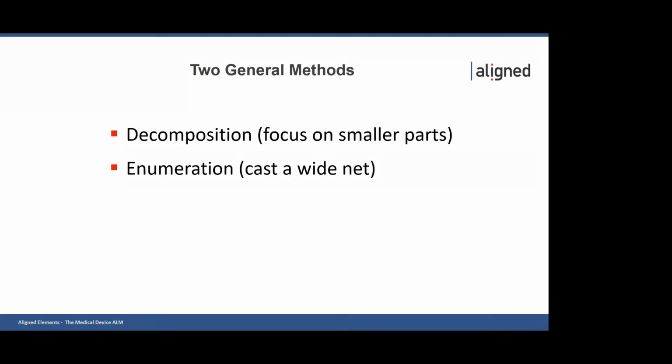I'm soon going to dive straight into the different methods that we're going to look at for risk identification. But I can tell you that there are in general two different methods that we're going to apply. All these different methods that we look at fall in one of two camps.